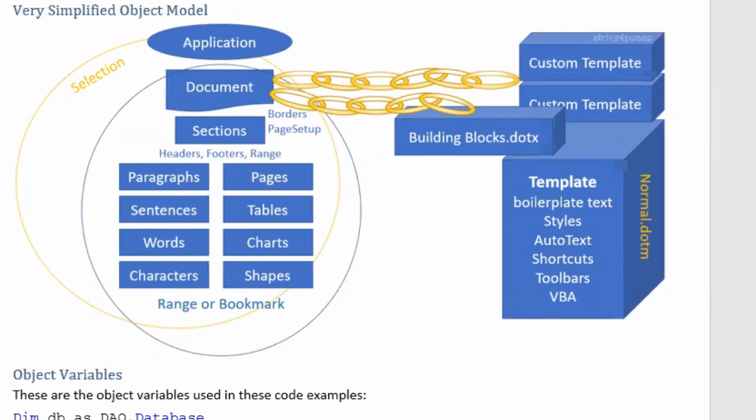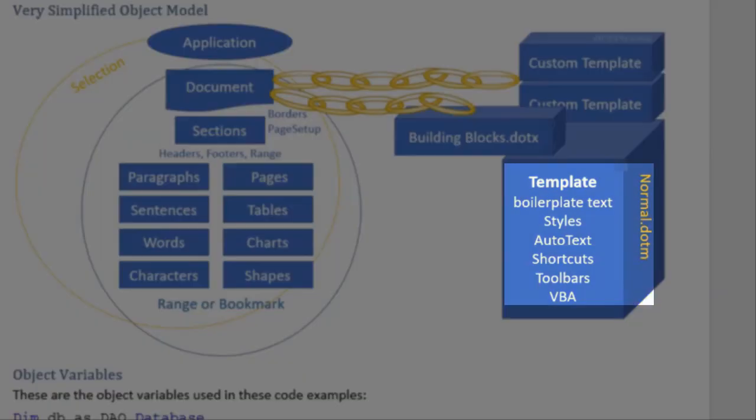Now, another important thing about documents is they are always linked to a template, at least one, and that would be the normal.dotm template. And that has styles, which we're going to talk about, which are very important: auto text, shortcuts, toolbars, VBA.